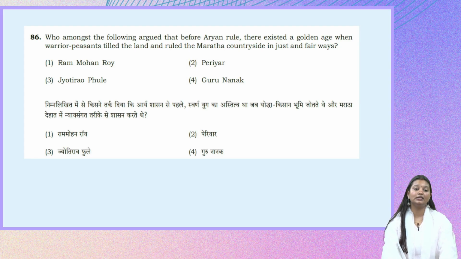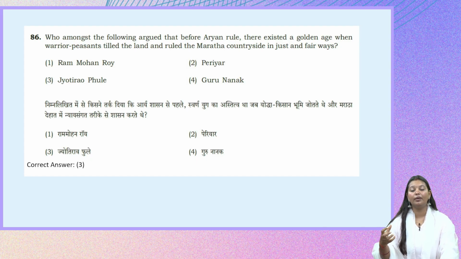The right answer here is Jyotirao Phule. He has spoken a lot about the peasants and the agricultural involvement of people, and how they could all exist in the Maratha countryside and how it was all very peaceful before the Aryan rule came in. So, this is what you need to remember when it comes to the question that we had in front of us.